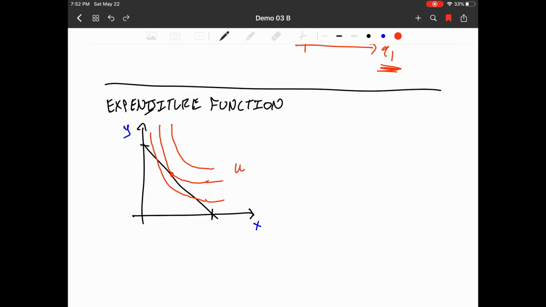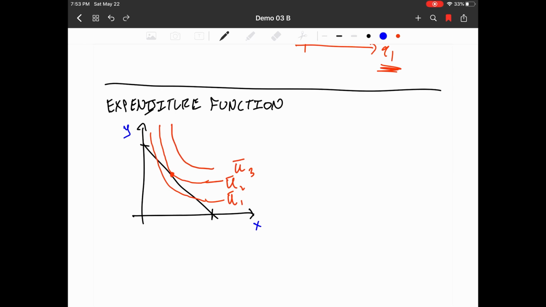And U bar was the thing we were moving up and down. So we had U bar 1, 2, and 3. And we tried to find the U bar that maximized our utility, while living on the budget line.